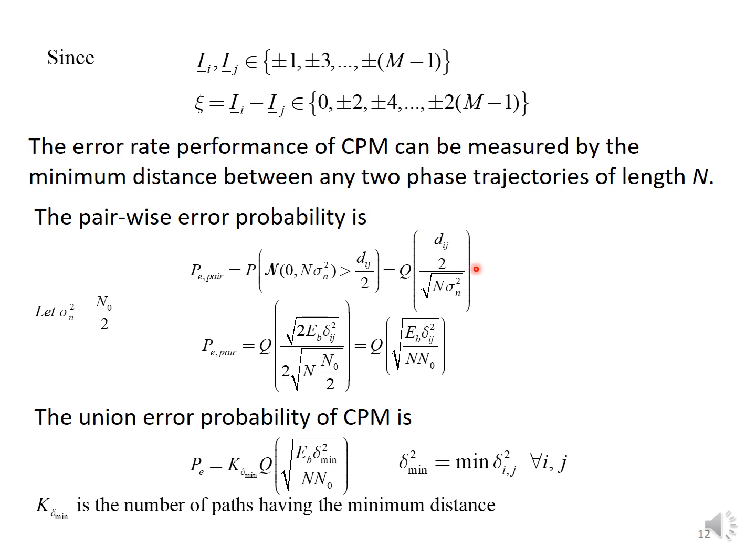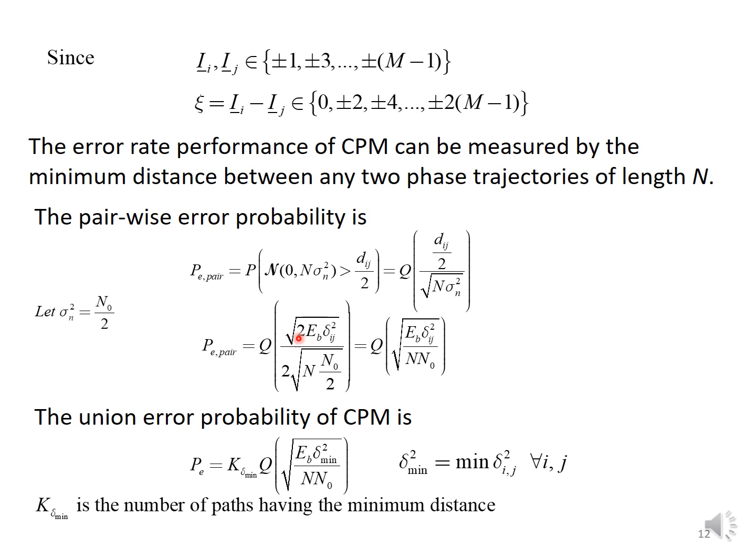That gives the pairwise error probability. Say each symbol has variance N0/2, and we have a length of n, then the path variance will be n times the variance.